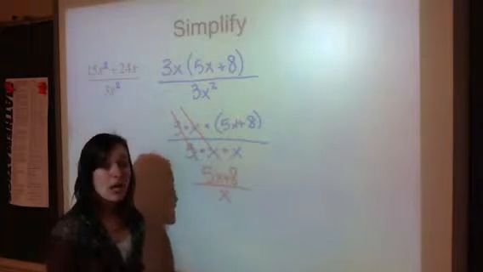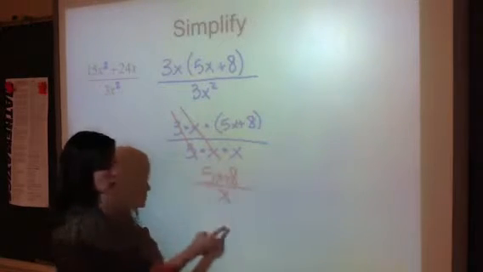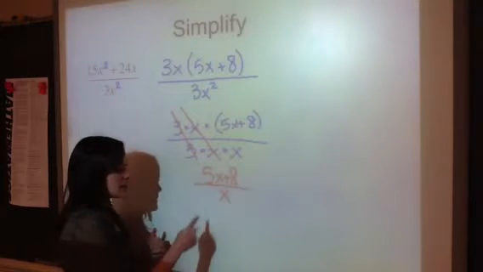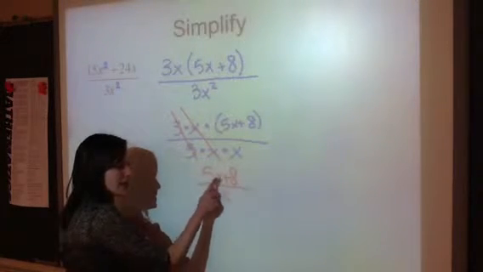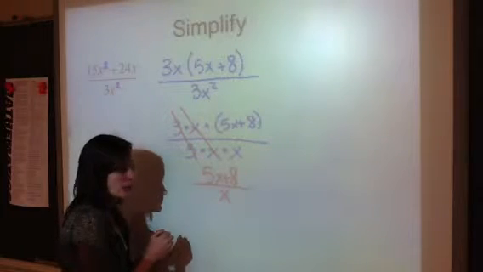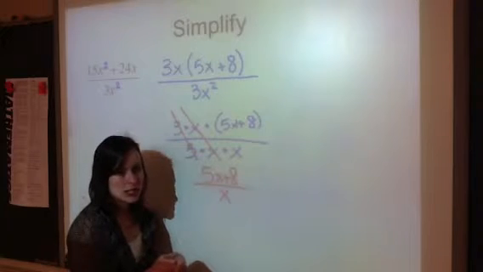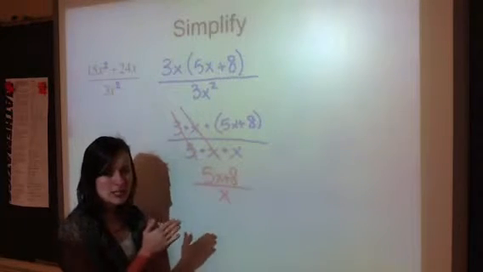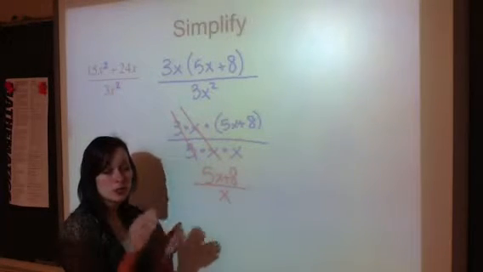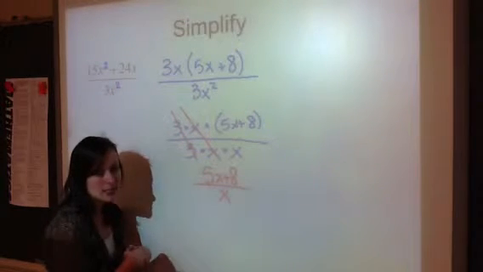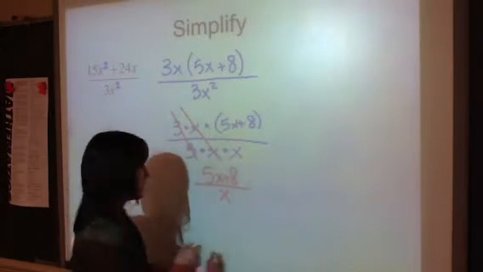And you're done. Now, some people are going to go, why can't I cross those x's out and just have 5 plus 8? Because this 5 is attached to the x, plus that 8. If you ever have an operation of a subtraction or addition with an x, you're not going to be able to cancel out unless that same operation is being done down below.